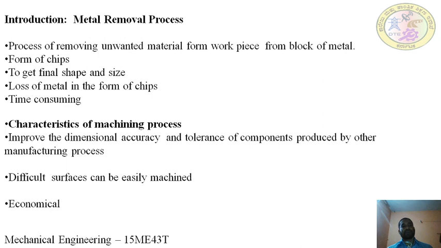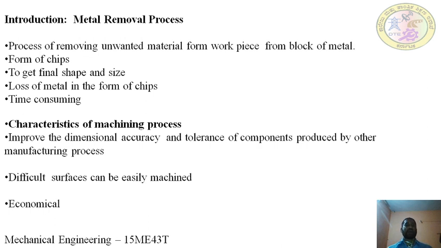So the base of all these machine tools is metal removal. What is metal removal? Metal removal means the process of removing unwanted material from the workpiece in order to bring the required shape and size.